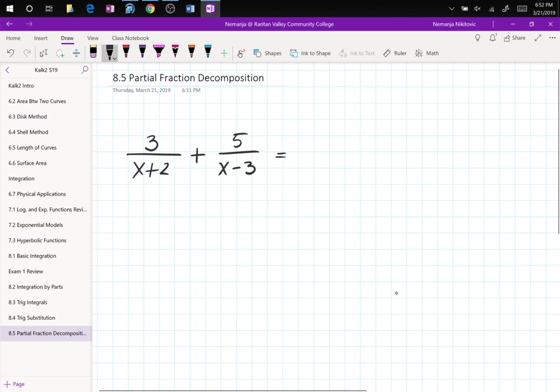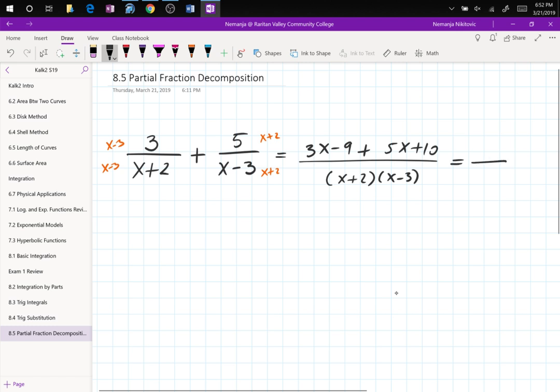What do I need to do? I need to multiply the left side with x minus 3 and the right side with x plus 2, which creates the common denominator of x plus 2, x minus 3. And on top, I have 3x minus 9 plus 5x plus 10.